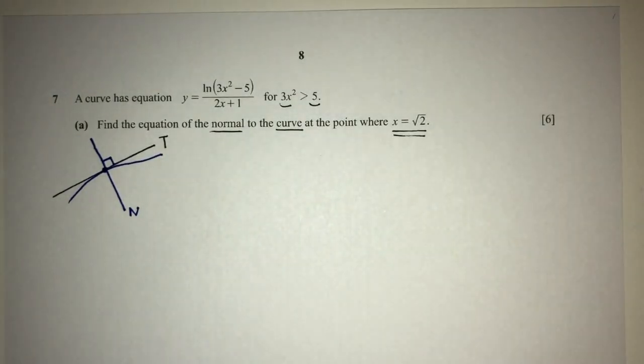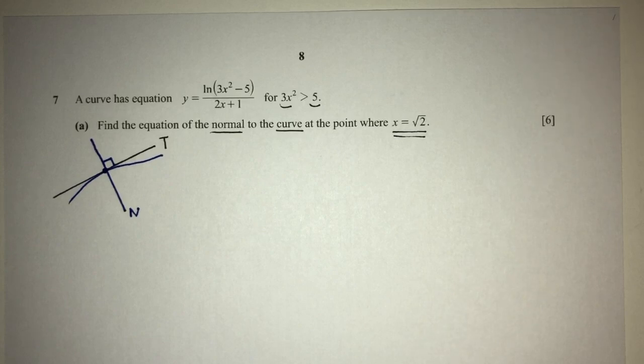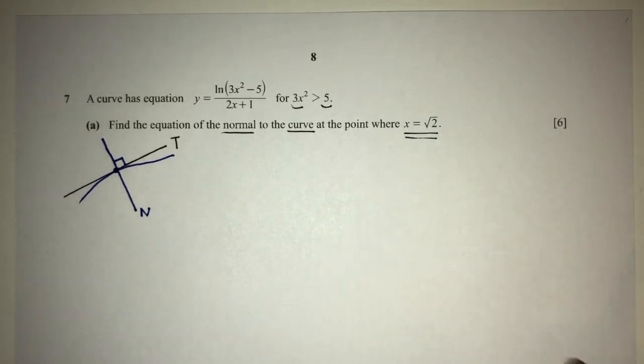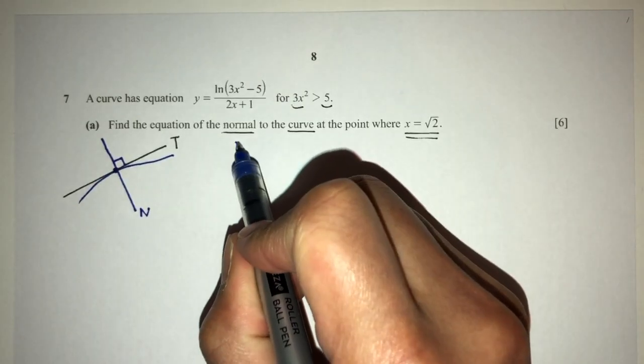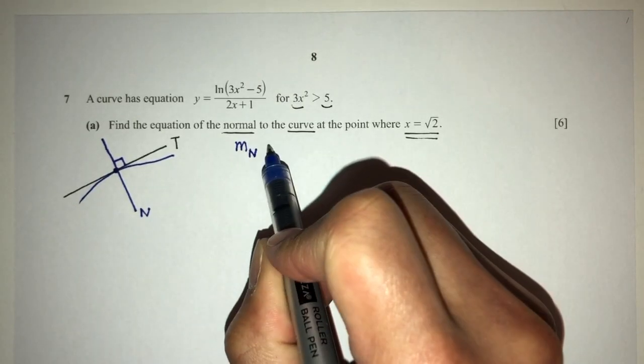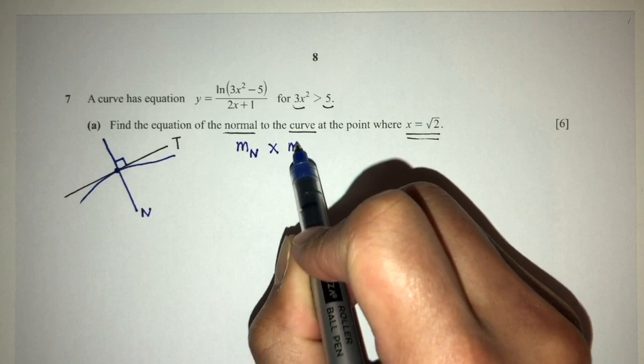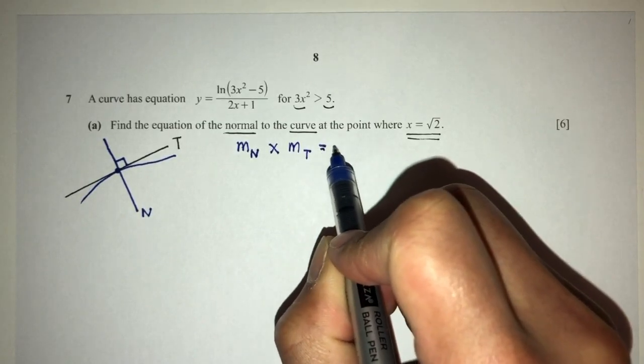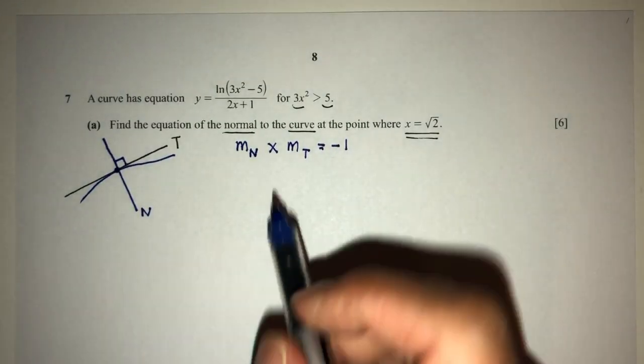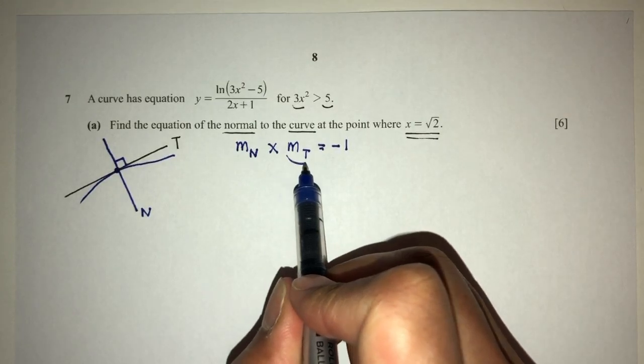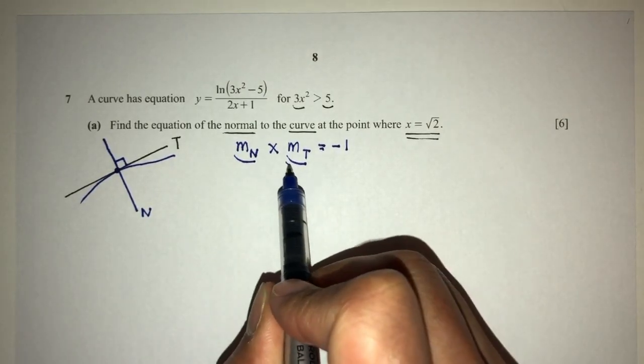Again, if you want to find the equation of a straight line, you first have to find its gradient. Now the gradient of the normal is related to the gradient of the tangent: their product is equal to minus 1. So if you want to find this one, we have to first find this one.